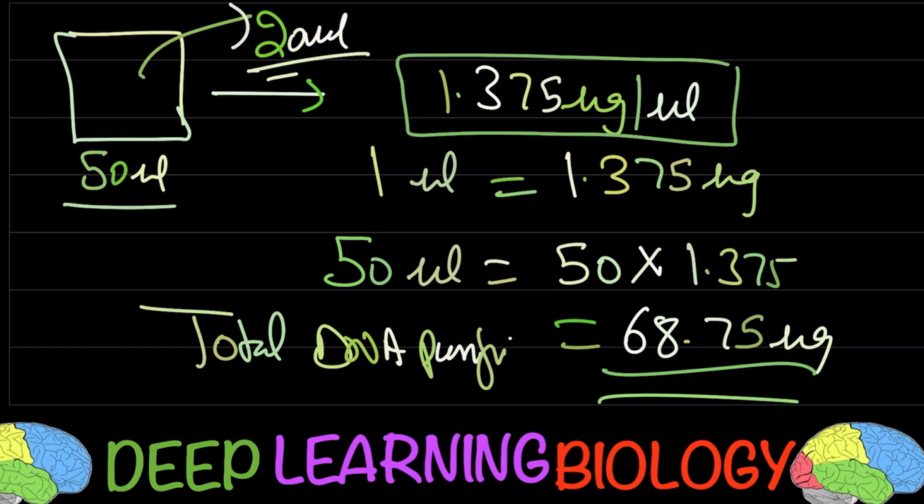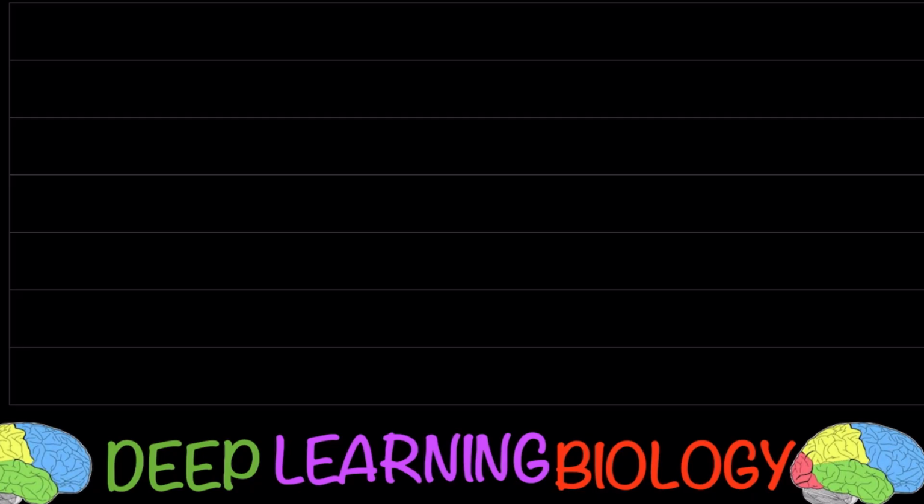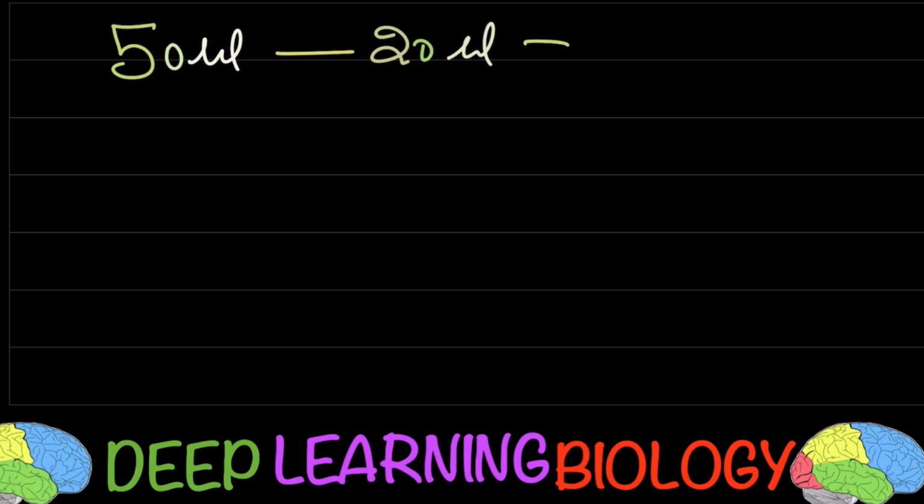So you have a stock of 50 microliter minus 20 microliter, which you used for quantification. You are now having 30 microliter.